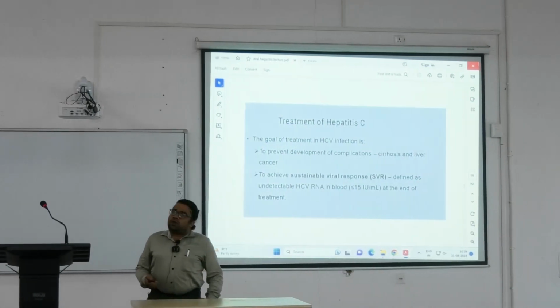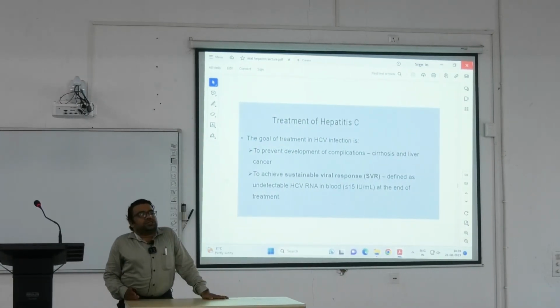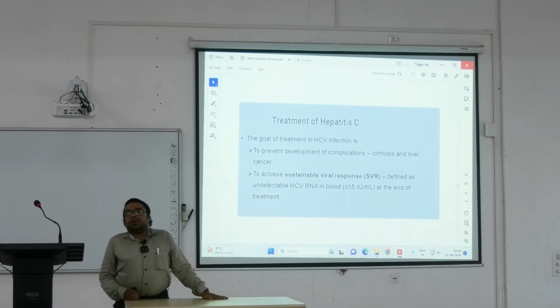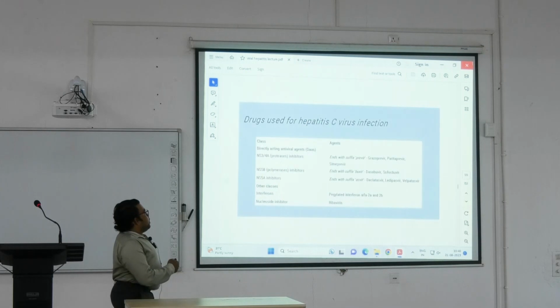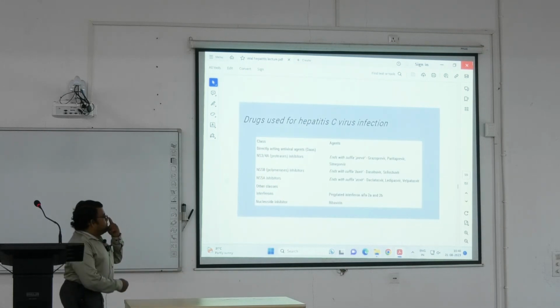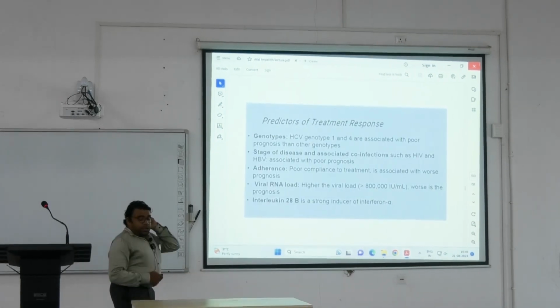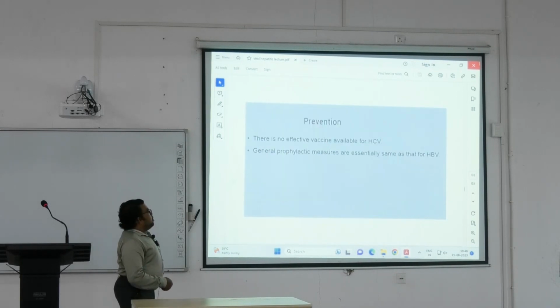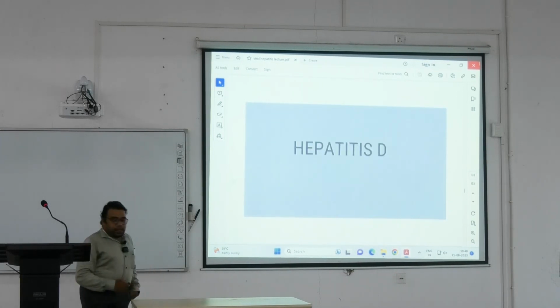The virus may not be cleared, but the ultimate objective is to make the patient symptom free and reduce the replication of the virus. These are some of the drugs that are used. There are no vaccines for hepatitis C virus.